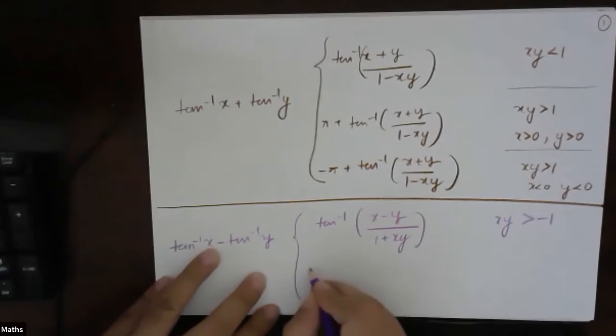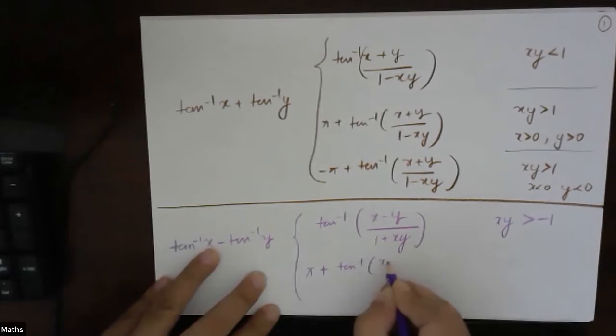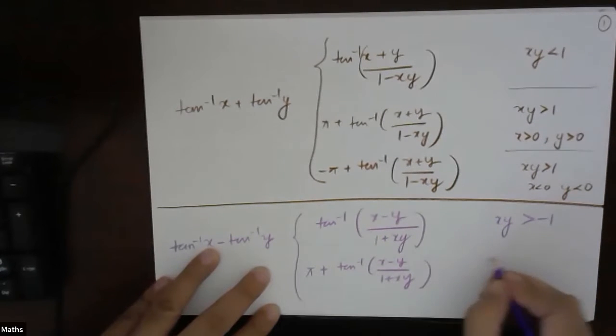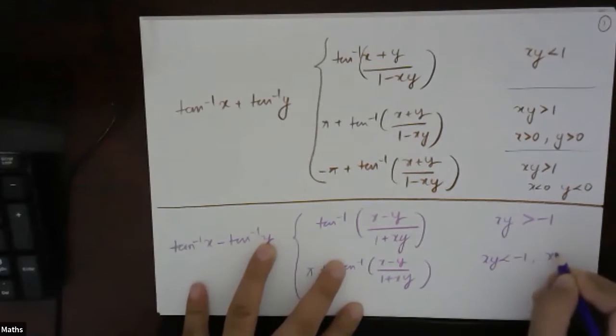Okay, pi plus tan inverse of x minus y upon 1 plus xy if xy is less than minus 1 and x is greater than 0 and y is greater than 0.